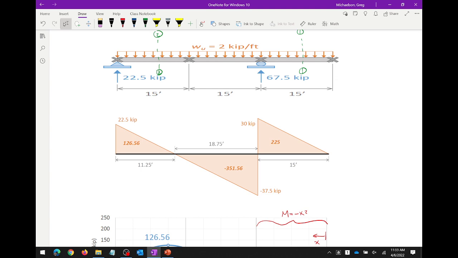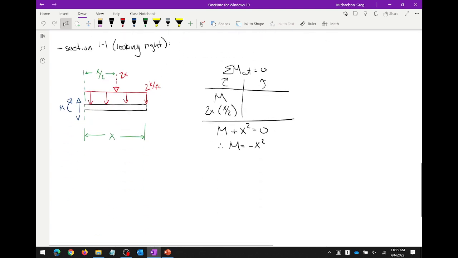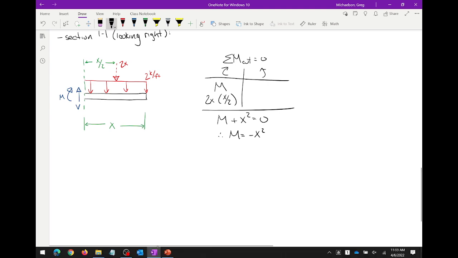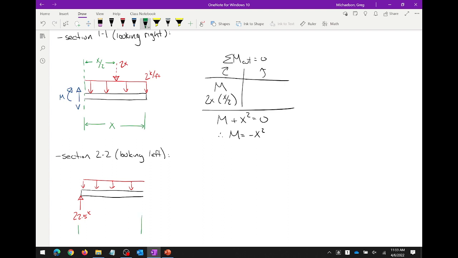So if I have section 2, and I look to the left, we have 22.5 kips, again, at a distance of x.